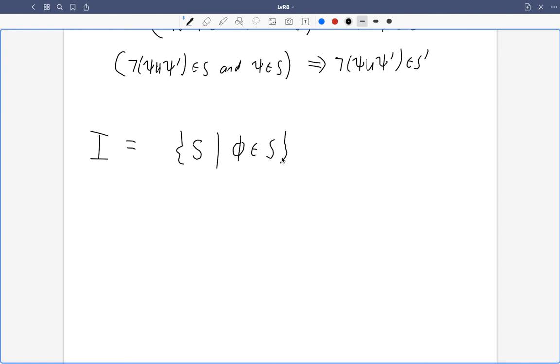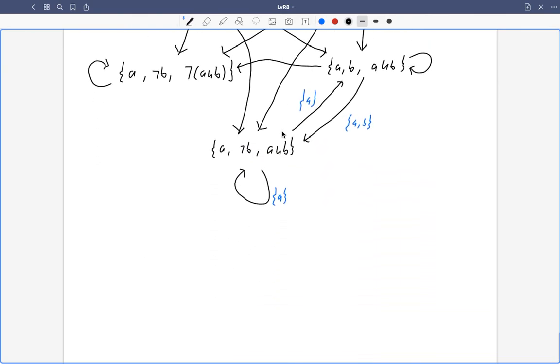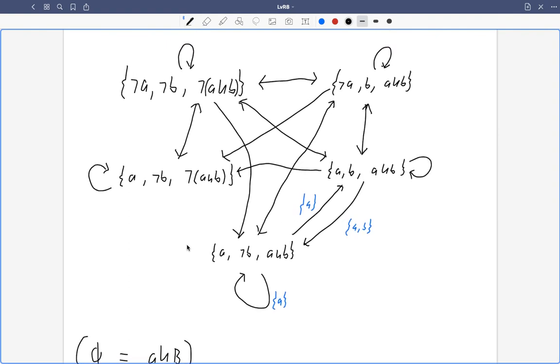So in our case, phi was A until B. So the start states are the three states that contain A until B. Not the negated A until B, but actually A until B. So we just normally denote start states. Let me write a different colour there.